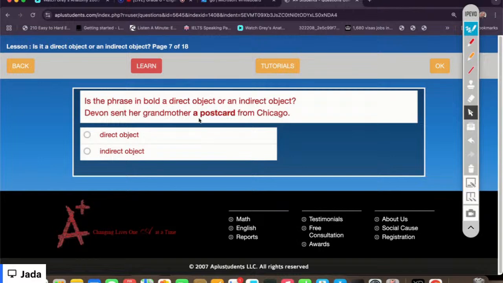Viva sent her grandmother a postcard from Chicago. Now, is this direct or indirect?